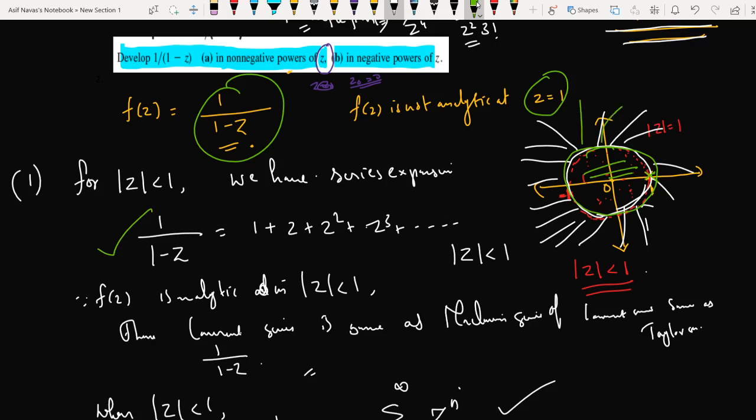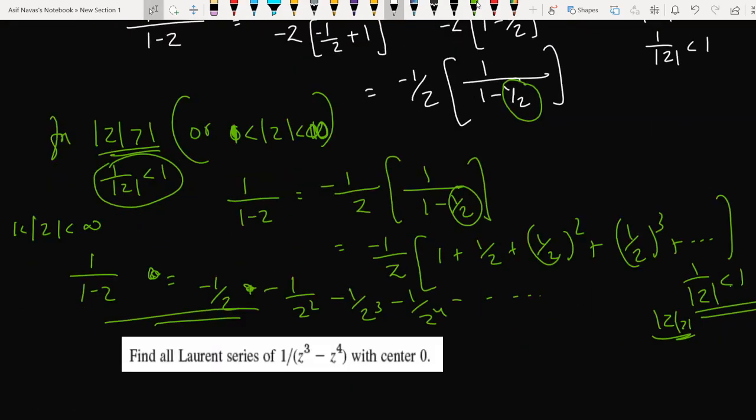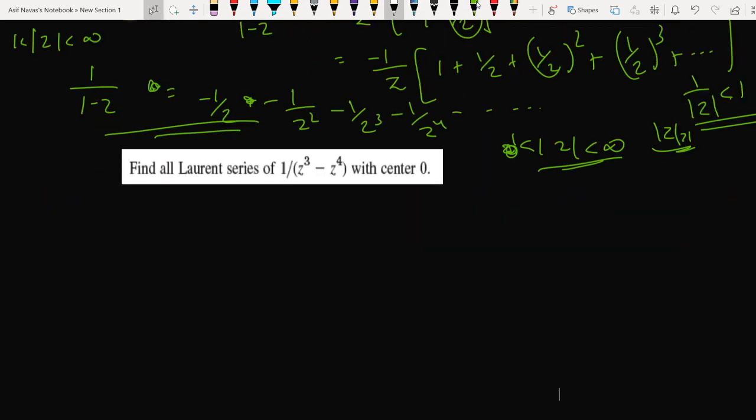Then outside, we convert it into the form for 1 less than mod z less than infinity, the expansion of 1 by 1 minus z. So I will stop here.